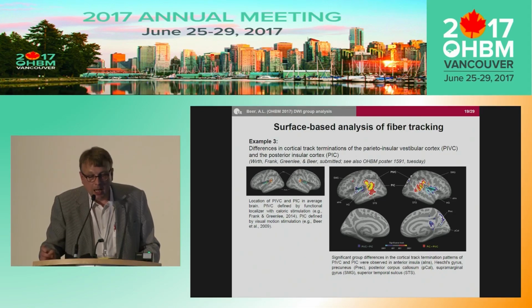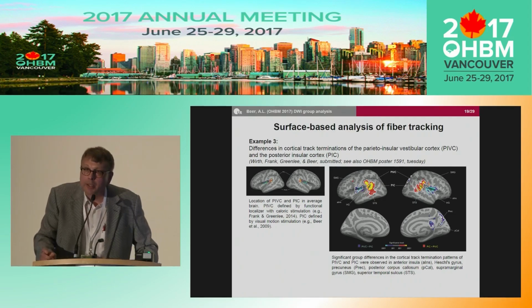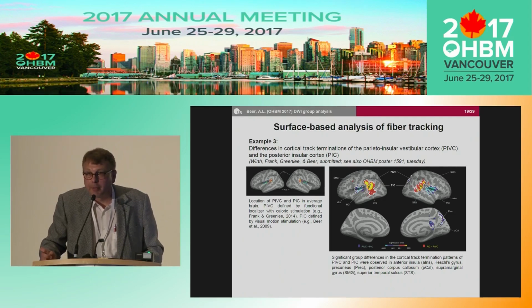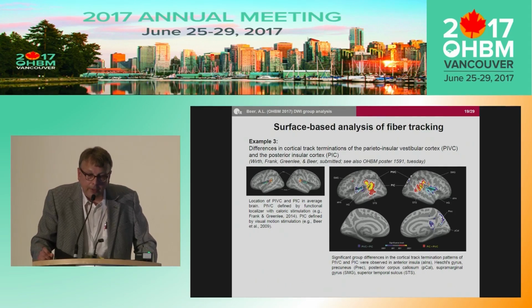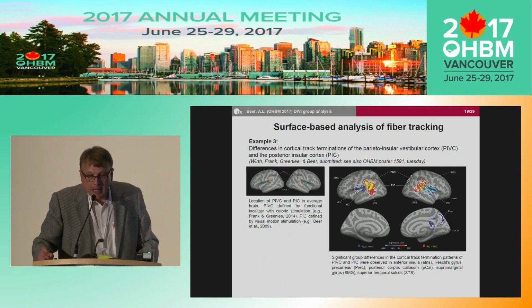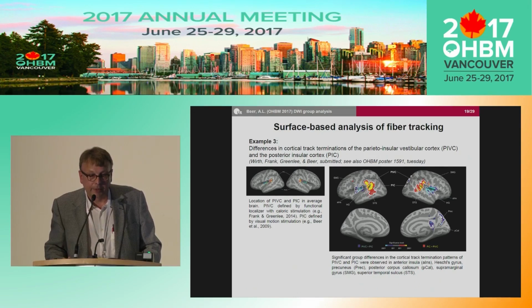The main idea here was that it used to be that people thought PIVC and PIC are the same region. So we tried to identify and separate these two regions in the brain. And one part of that was that we also looked at the connectivity patterns. And we compared the connectivity patterns of PIVC and PIC, and here we see the differences of the connectivity.